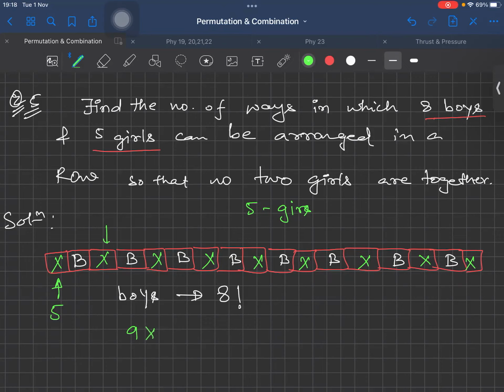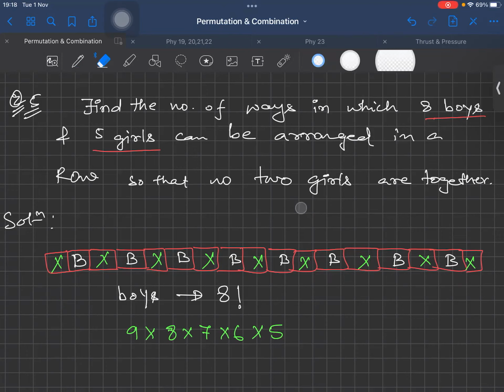So 9 into 8 into 7 into 6 into 5. So these are the methods in which 5 girls can sit on 9 places. So this will be how much? Just find out this number as well.